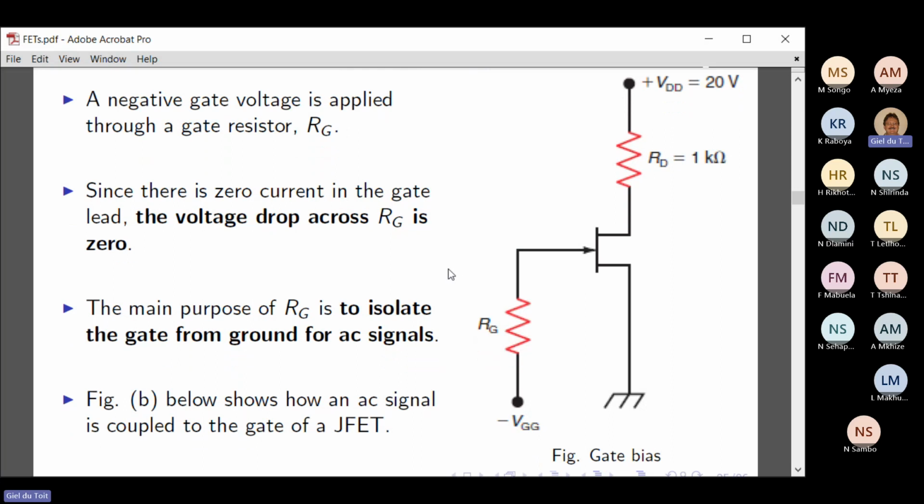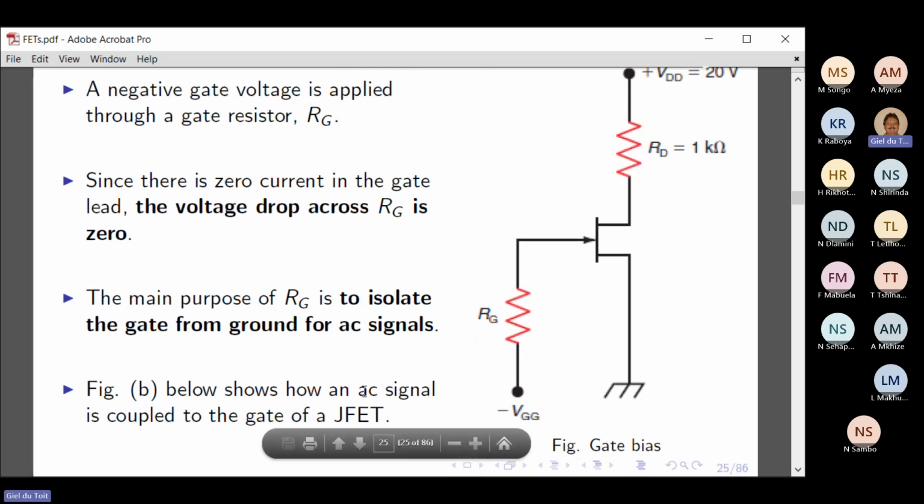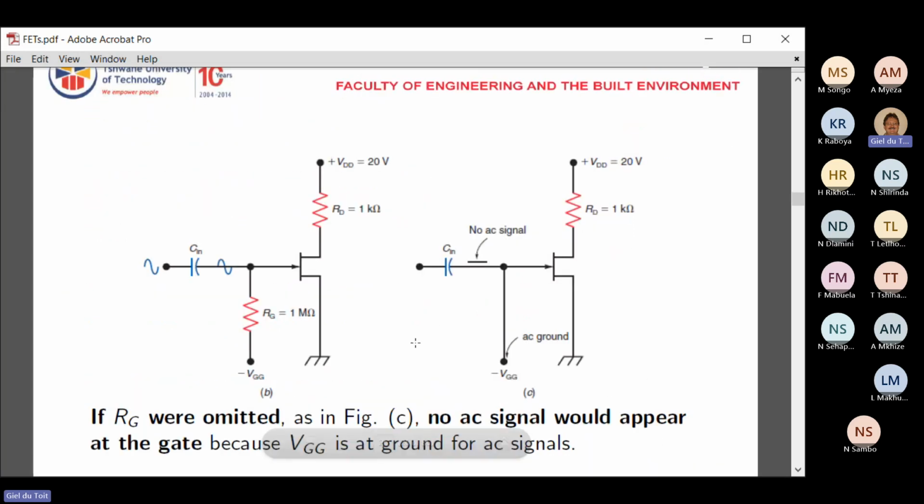Now this figure shows how an actual AC signal is coupled into the gate. So here's the gate. We've got a gate bias resistor here to ground or to a minus value. And then there's a capacitor here, and a sine wave AC input comes in through the capacitor, goes into the gate, and will appear on the drain output.